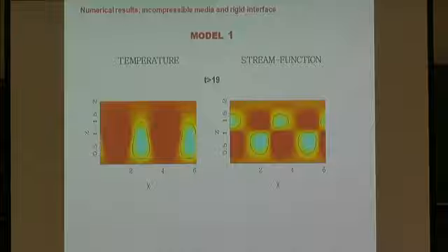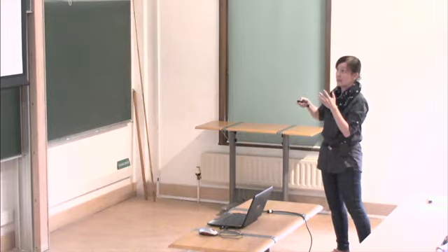We can see that the interface occurs in a natural way near z equal 1. And we have here a discontinuity in the temperature pattern because the thermal conductivities are different in the liquid and in the vapor phase. And here the red color means maximum of perturbation, blue color the minimum of perturbations, and here we have negative stream function, positive stream function, so we recognize the convective rolls in the liquid and in the vapor phase.